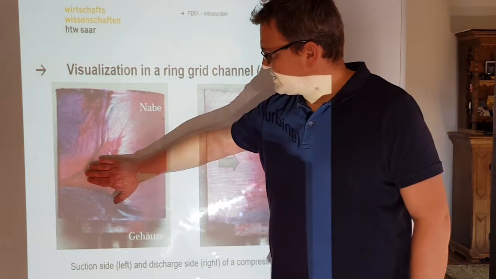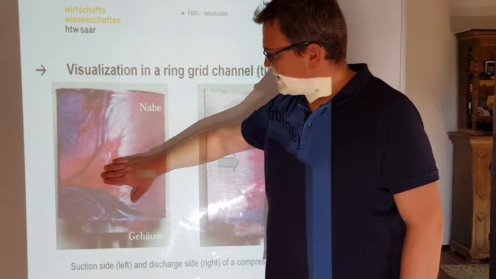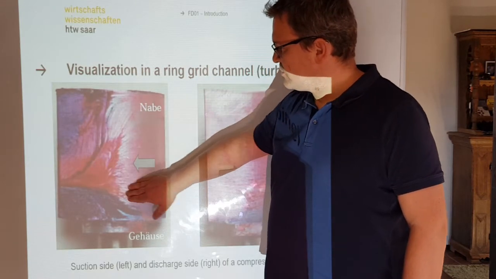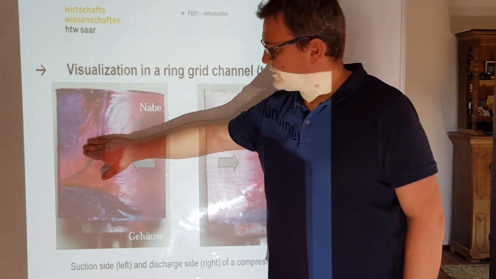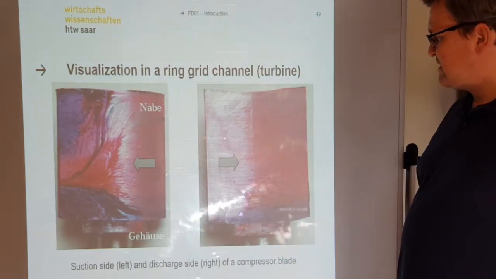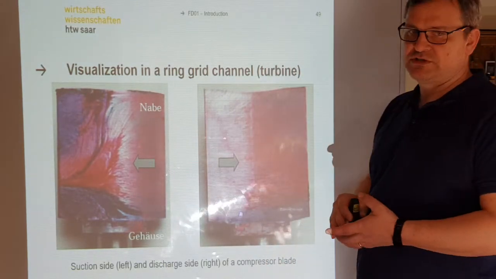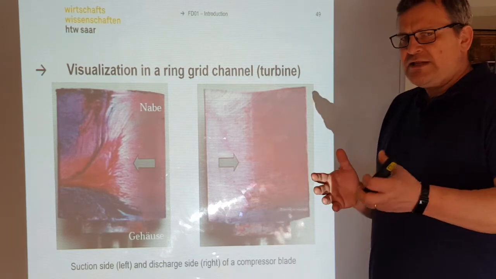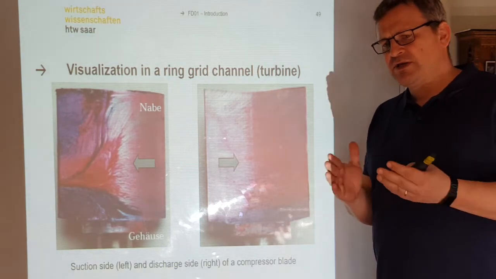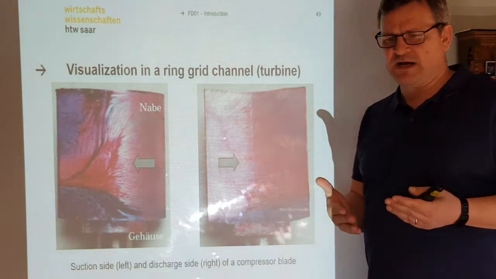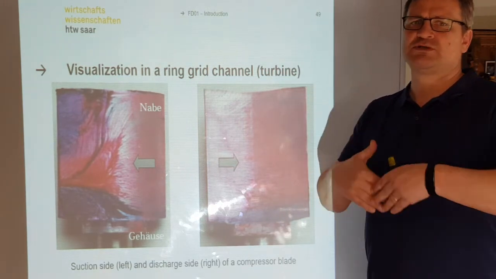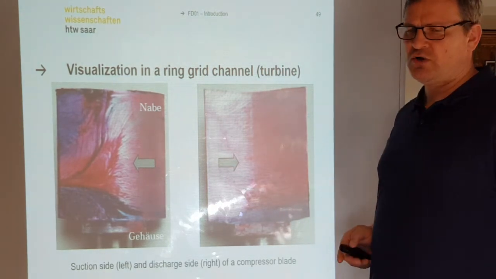You see this red color on the blade, and you can see how the fluid flow behaves. And then the idea behind it: you can change the geometry a bit, optimize it, and then you have fewer swirls and more efficiency of the turbine.